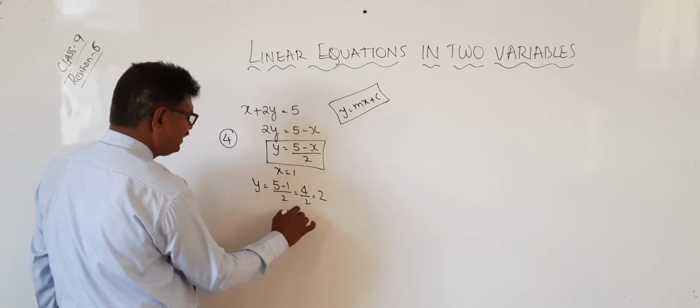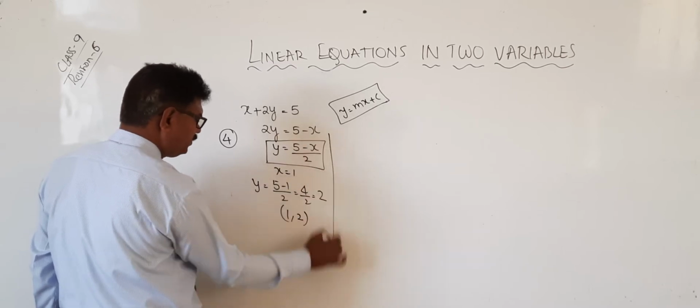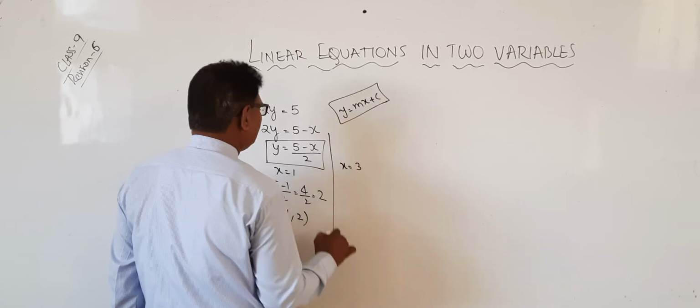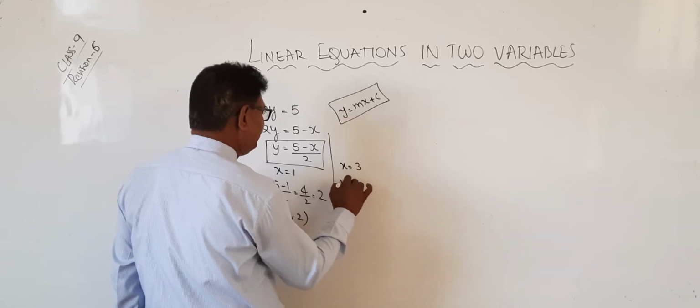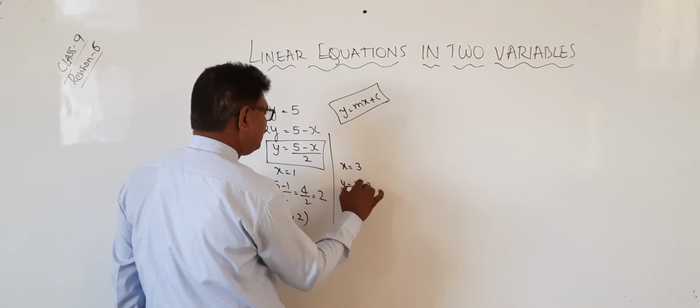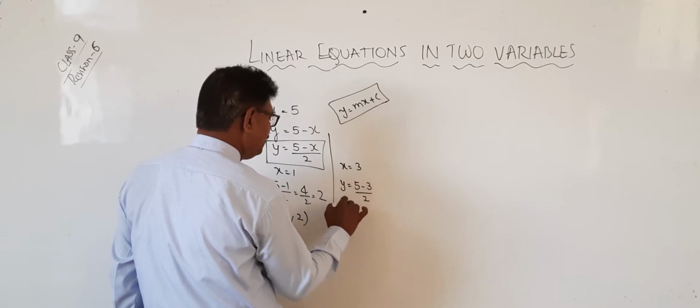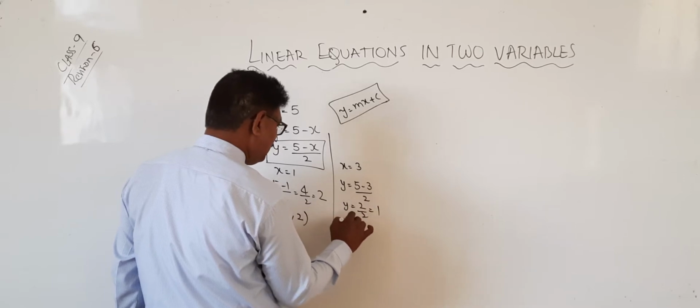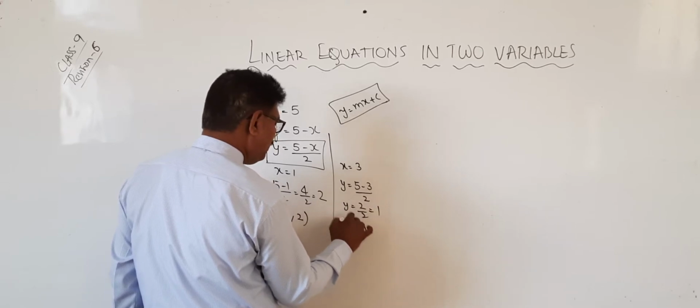Therefore, what is the answer? (1, 2). Next, x equal to 3. Then y is equal to (5 minus 3) divided by 2. Therefore, y equal to 2 by 2 is equal to 1. Therefore, the answer is (3, 1).